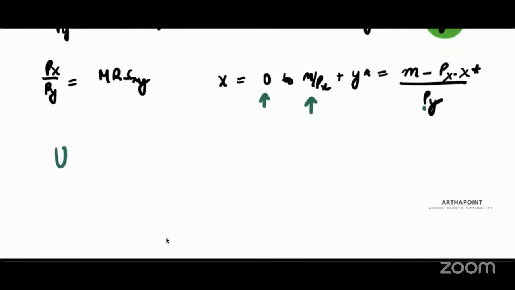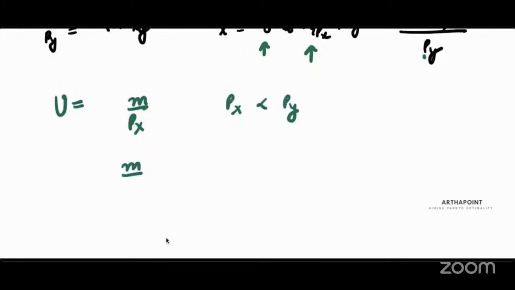That my indirect utility is either M by Px. This happened when Px was less than Py, or it is M by Py. This happened when Px was greater than Py.